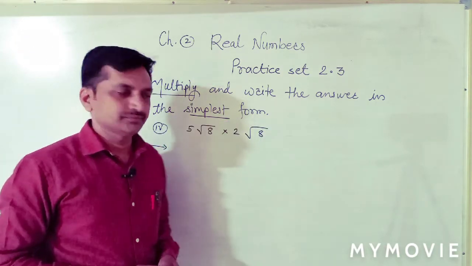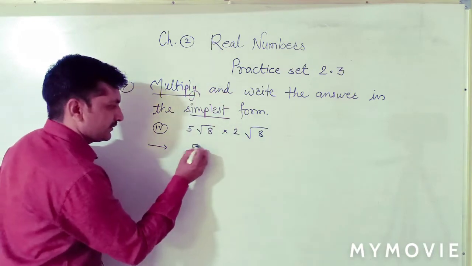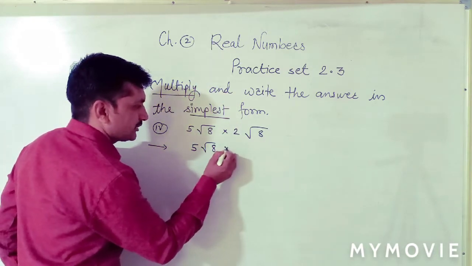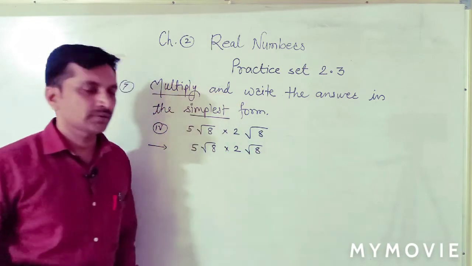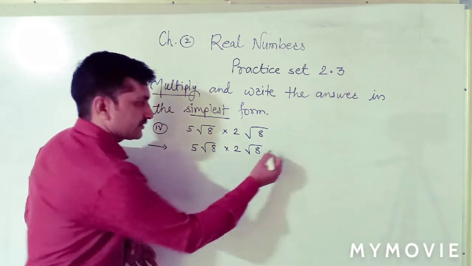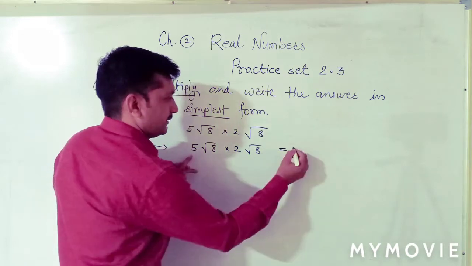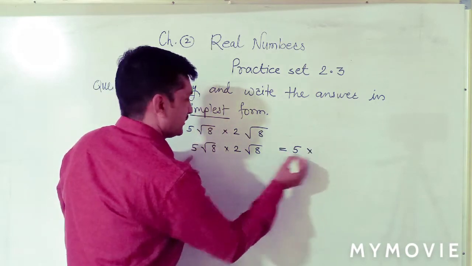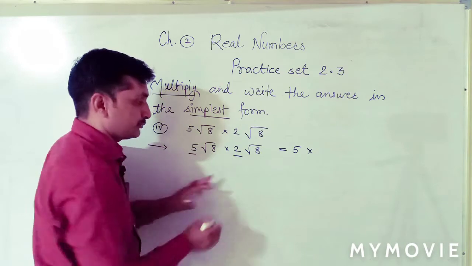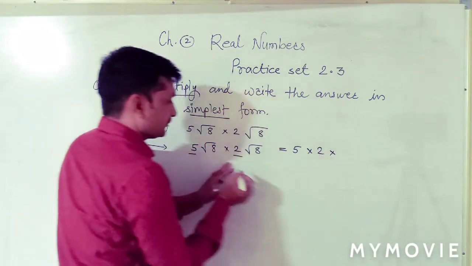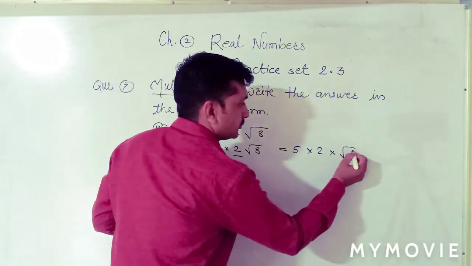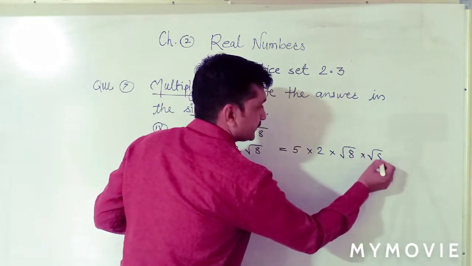Example number 4. 5 square root of 8 multiplied by 2 square root of 8 is equal to 5 multiplied by, I write the rational numbers close together, multiplied by 2 multiplied by root 8 multiplied by root 8.